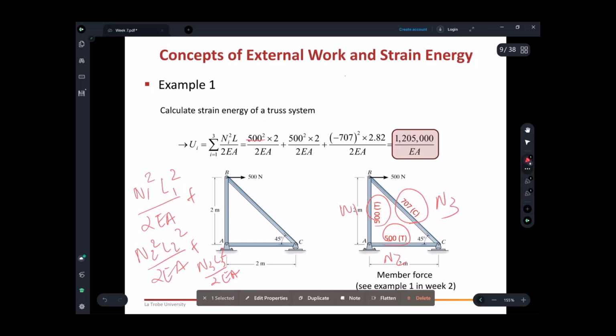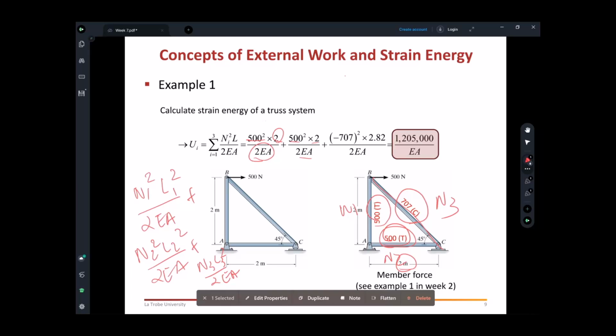So you substitute N1, length is 2 meters, L1 over 2EA. N2 here 500 square over 2EA, and this one compression is a minus, so square, and the length is 2.82 over 2EA. You got this. Okay, so that is the internal energy. Very simple. The equation is given. You just calculate the internal force square times length over 2EA.